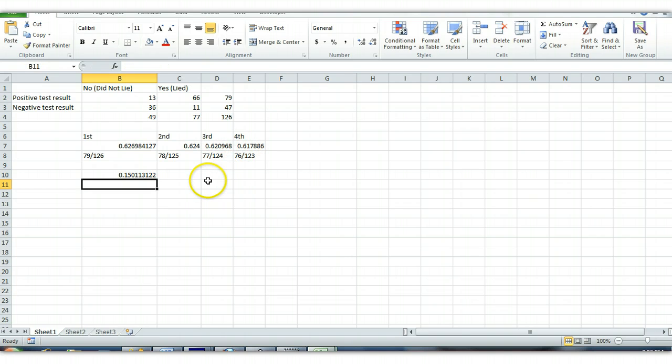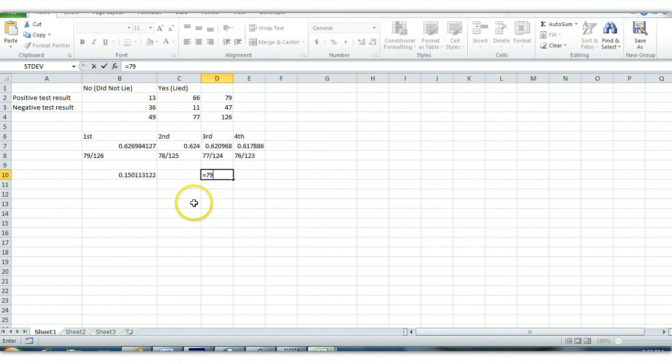And we get that. Now another way you can do this problem is to just, instead of having the decimals out here or even having the fractions out here, to just do the multiplication in the cell. So make sure you have the equal sign. You have to have the equal sign to be able to do math. But press equals and then just type your fractions in there and multiply them.